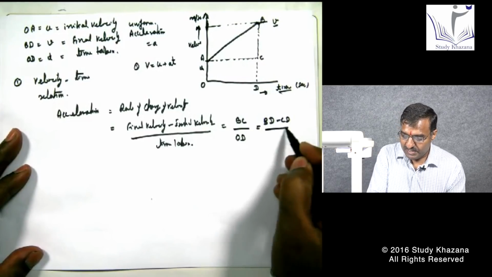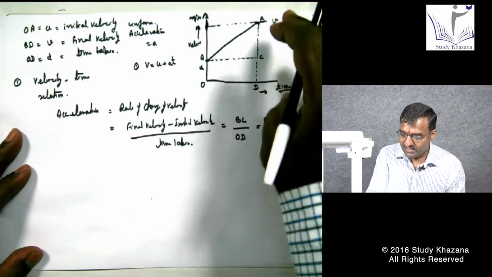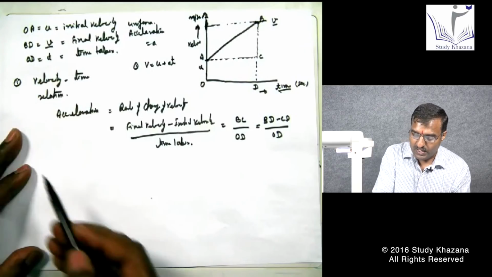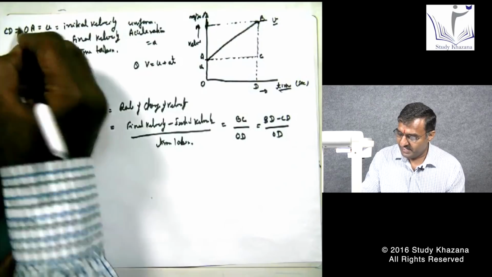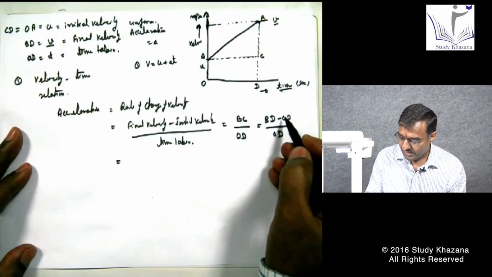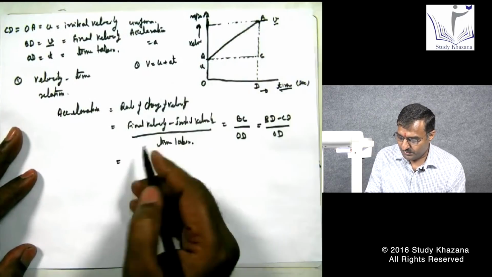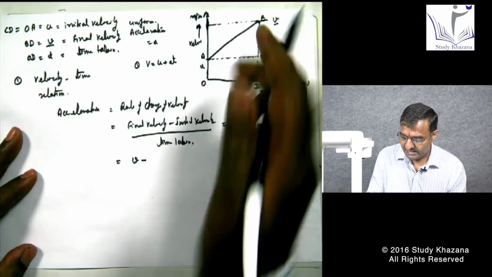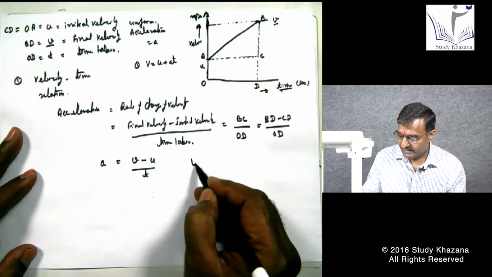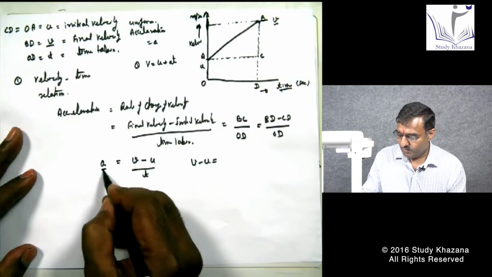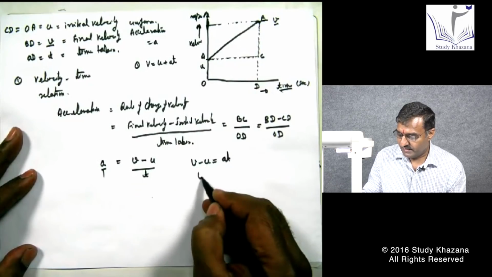Now what is BD? BD I have mentioned as V. What is CD? CD is nothing but OA. Here I can also write CD is OA. So BD means V minus CD is U, divided by T. This is nothing but A. So V minus U, cross multiplying, equals AT, and V equal to U plus AT.